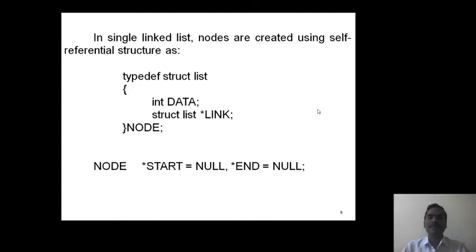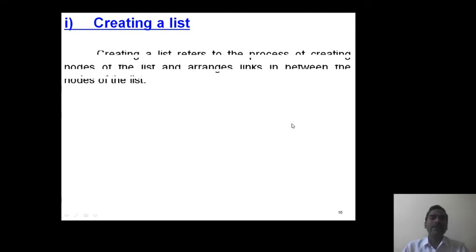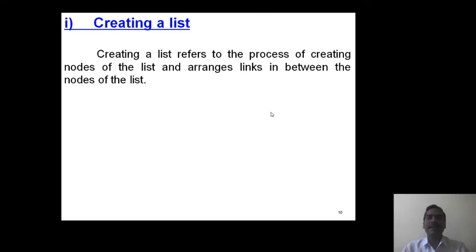Based on these constraints, we go for the first operation, creating a list. It refers to the process of creating a single linked list. In the creation process, we create a number of nodes and then establish links between the nodes.